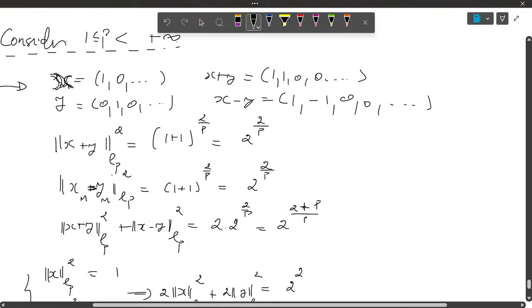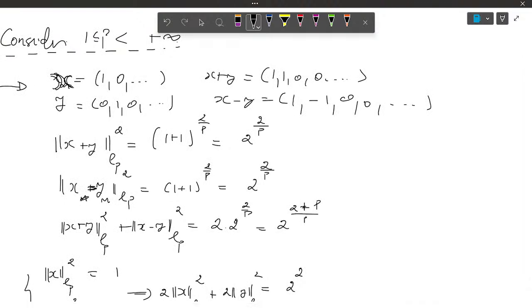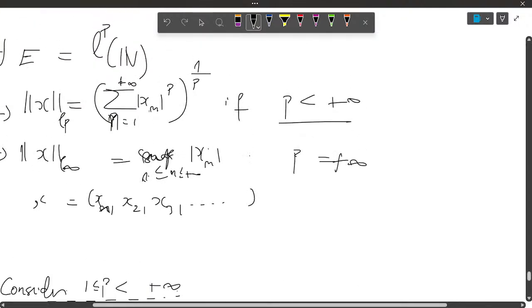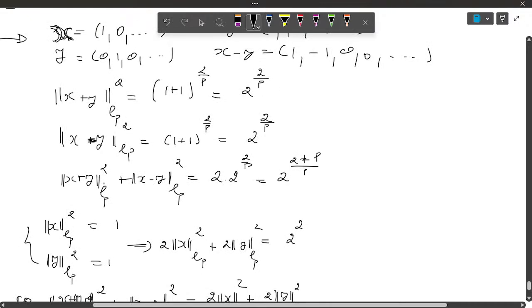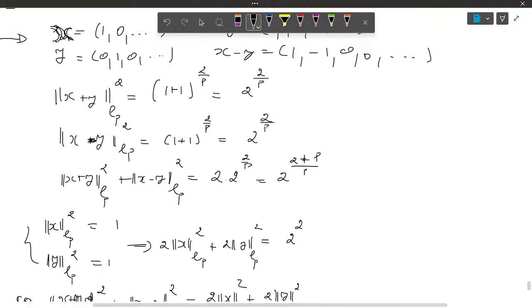So when you compute the LP norm squared of x minus y, you're going to get 1 plus 1, because the LP norm is with absolute value. The absolute value of minus 1 is 1. So you get 1 plus 1, which is again 2 to the power 2 over p.